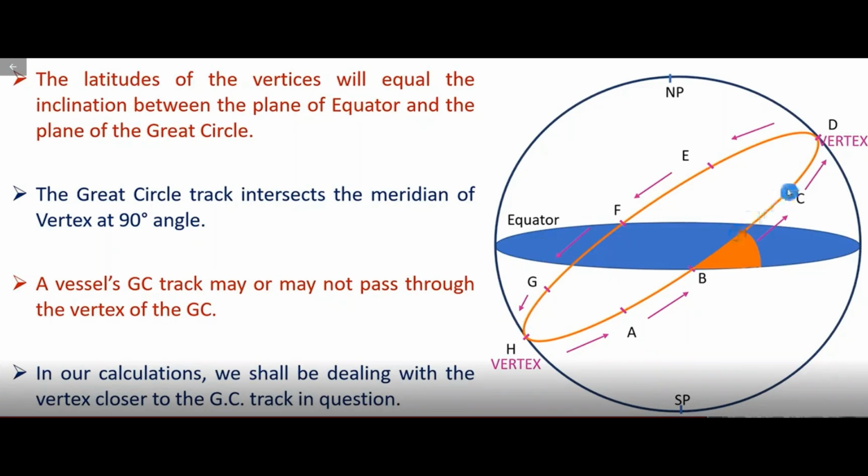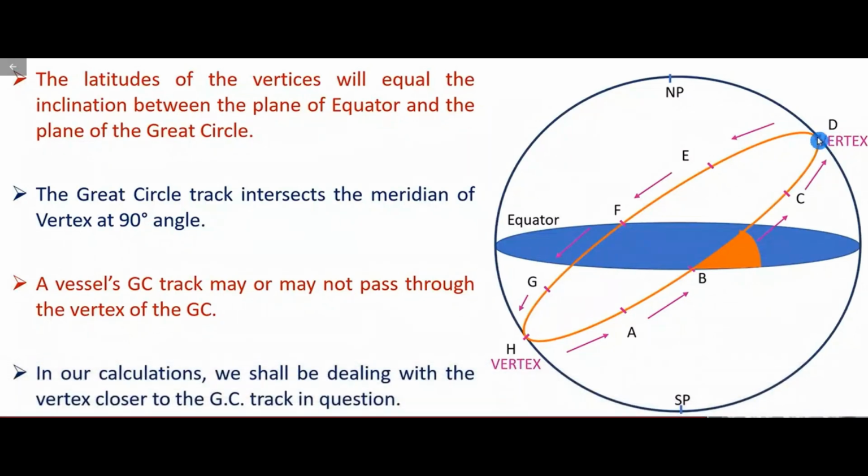If you go from B to C, initial position is Bravo, final position is Charlie, vertex will be outside your track. But if you go from C to E, Charlie to Echo, in that case, vertex will be inside or lying on your track. So this is what we will be checking as the first thing when we find the position of the vertex.